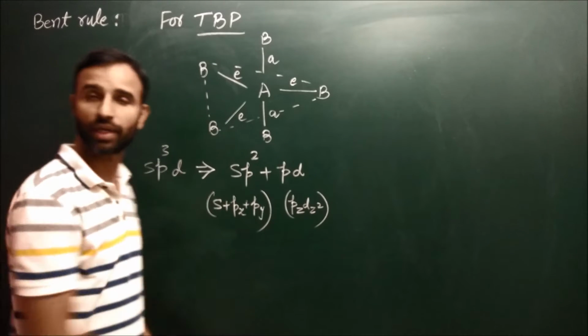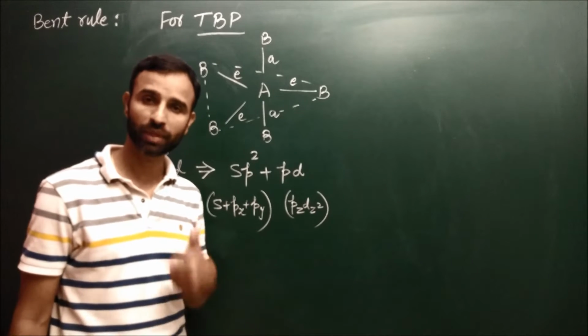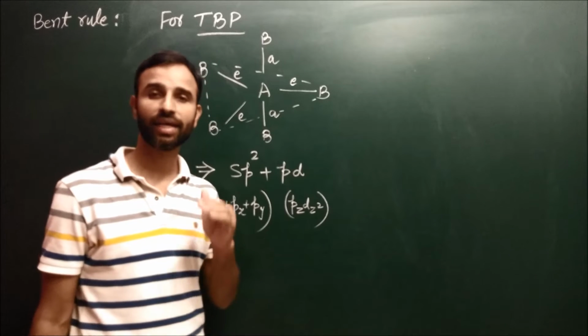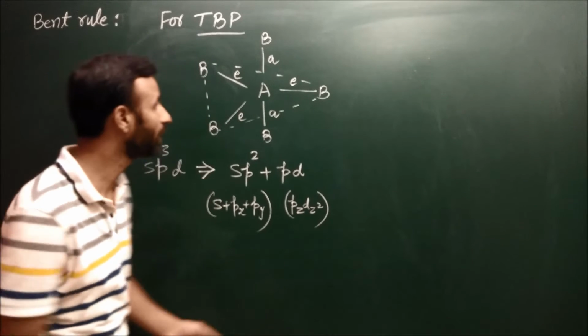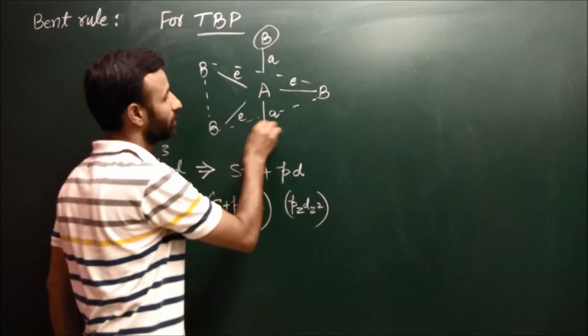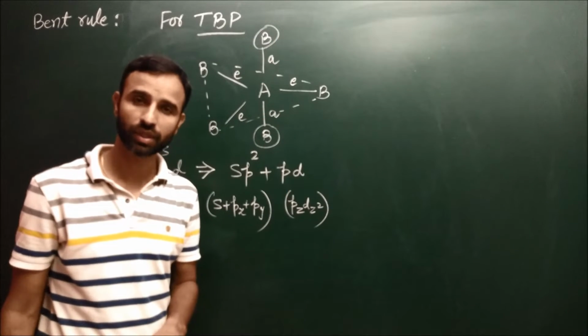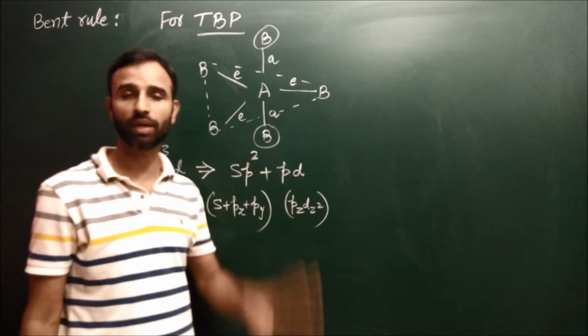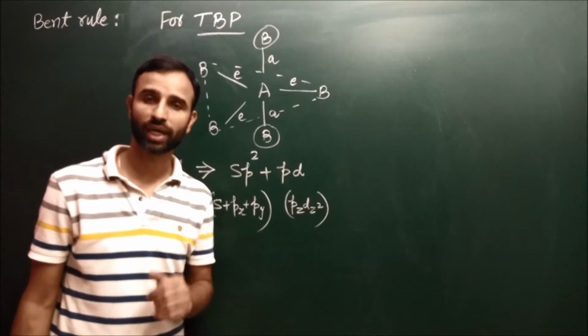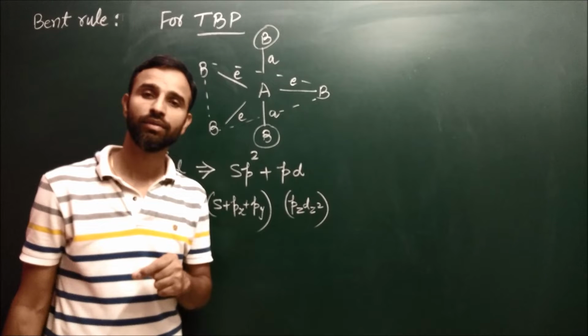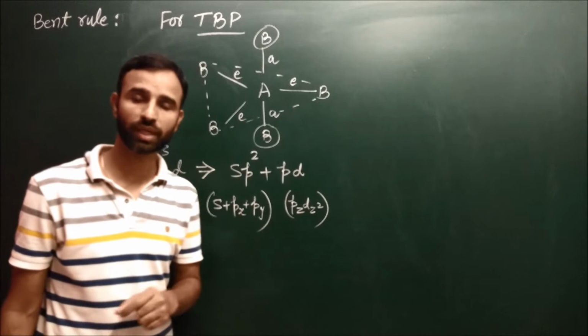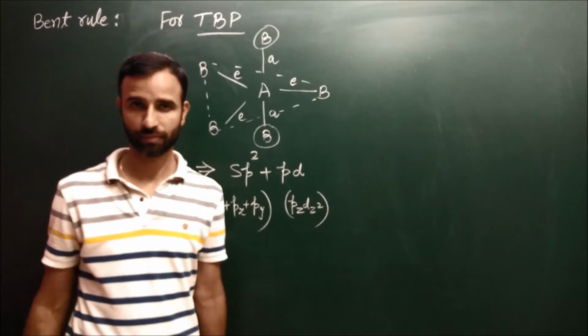A more electronegative atom prefers to stay in orbitals having less s character. That's why axial positions are occupied by more electronegative atoms and equatorial positions are occupied by less electronegative atoms or electropositive atoms or lone pairs.